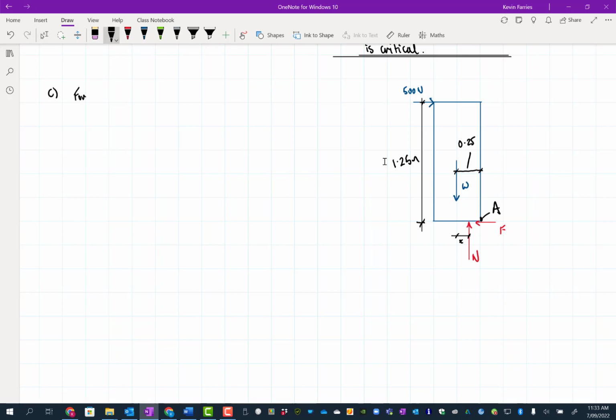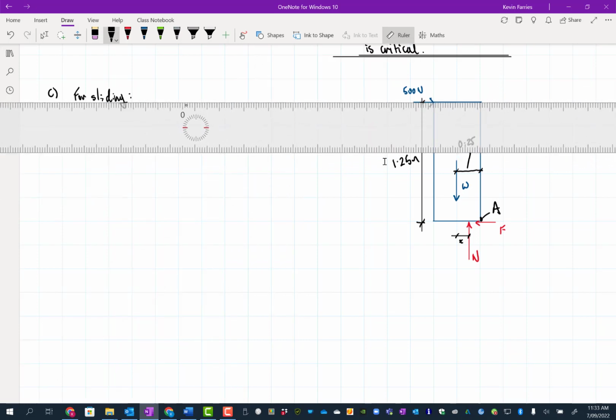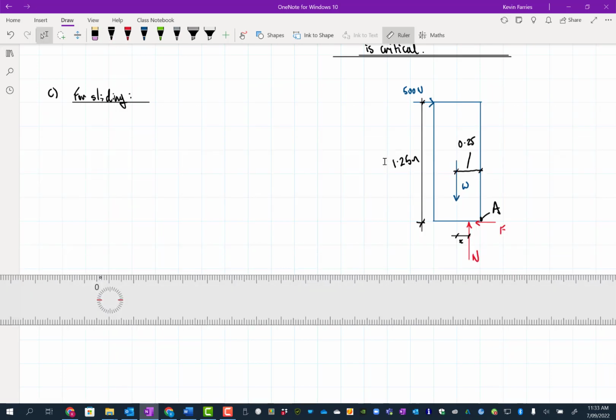For sliding, let's say, from the free body diagram, we know that sum of the x components must be equal to 0.